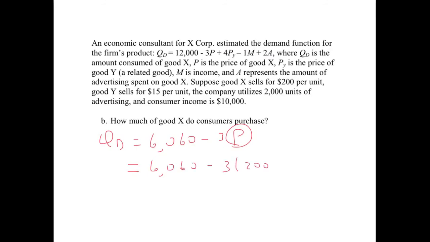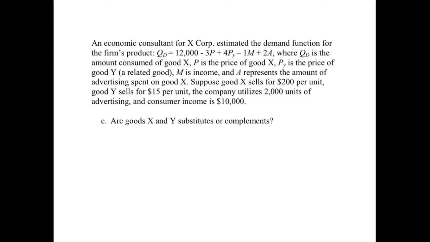And so we would plug that in, and with a little algebra and a little calculator help, we would get 5,460 units. And so consumers at a price of $200, given the other values for the shift parameters, would consume 5,460 units. Part C.